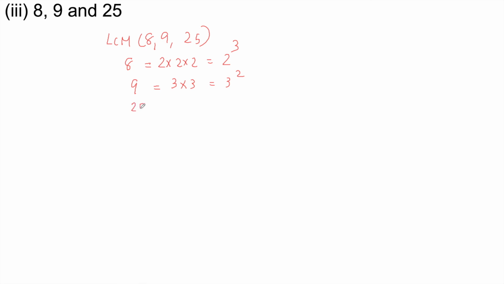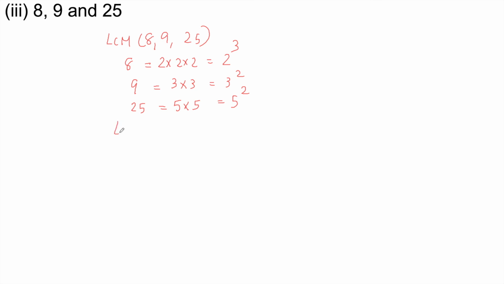And the next question 8, 9 and 25. First we will find the LCM of 8, 9, 25. 8 is 2 into 2 into 2, that means 2 cube. 9 is 3 into 3, 3 square. 25 is 5 into 5, 5 square.